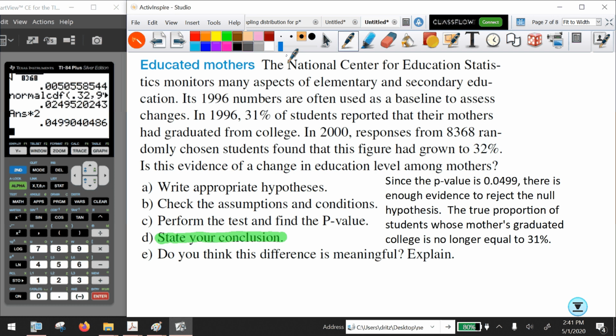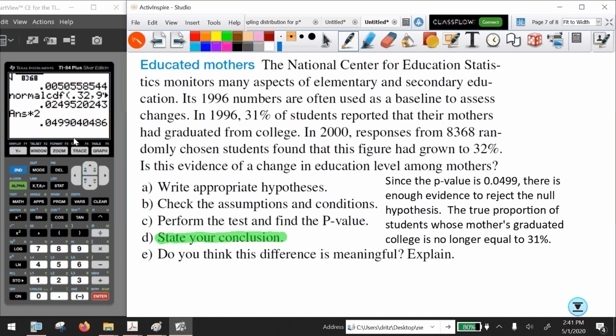Is this difference meaningful? The last question here. Since it's only a small difference in our sample proportion of 32%, I wouldn't say that this is a meaningful difference. What does it matter that it may have increased by 1%? But it is statistically significant. Statistical significance is a slightly different question than meaningfulness.